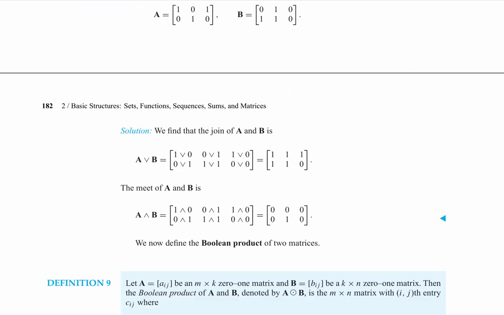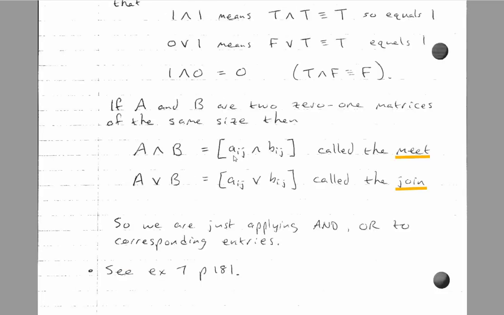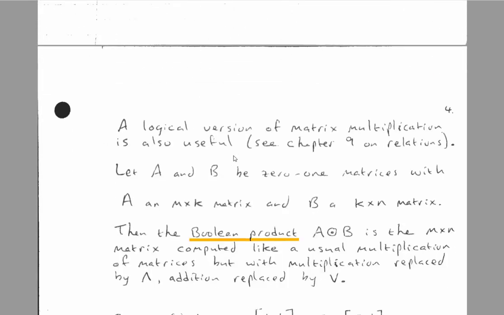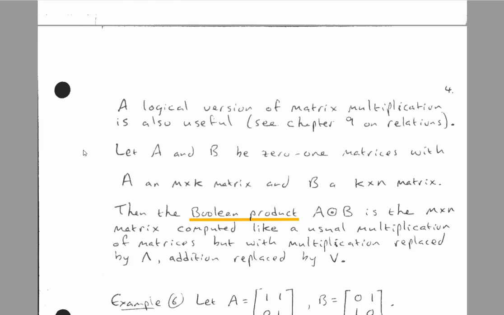And we have one last operation, the Boolean product. So this is more like matrix multiplication. The Boolean product is used in, we'll see it in chapter 9. That's covered in Discrete Math 2.